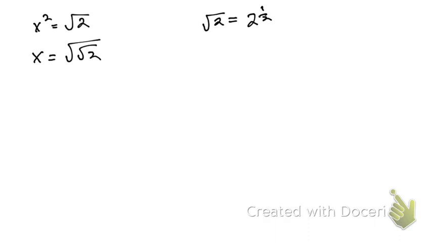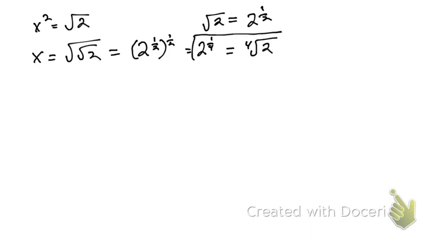So if we look at that square root of the square root of 2, that is realistically taking 2 to the 1/2 to the 1/2 power, which is going to actually equal, you multiply exponents, 2 to the 1/4, which you could further write as 4th root 2. Either one of these 2 is actually the solution to that problem.